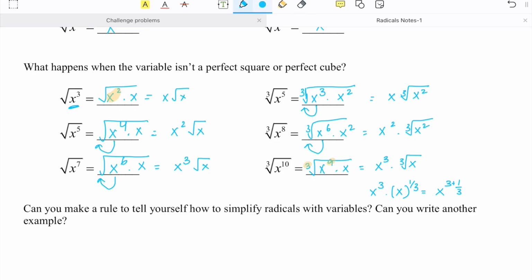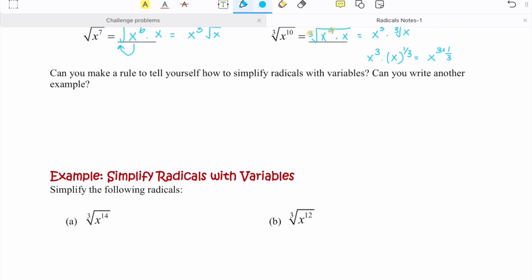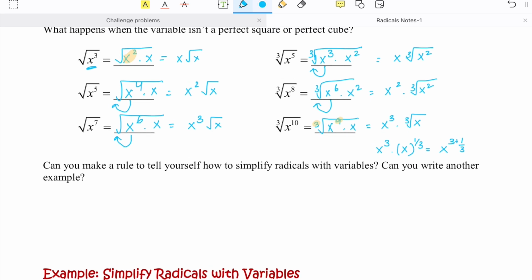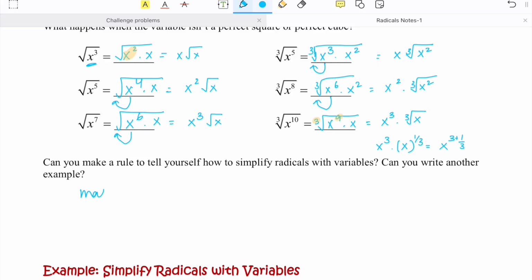Okay, so when it comes to simplifying radicals with variables, what's a rule that you can write for yourself to remember what to do? Can you tell yourself? Just you have to make it divisible by the power, or a perfect square or cube if possible.